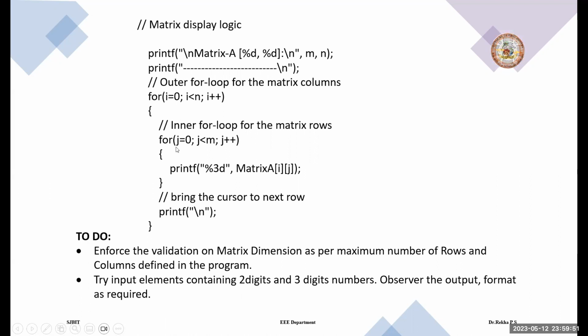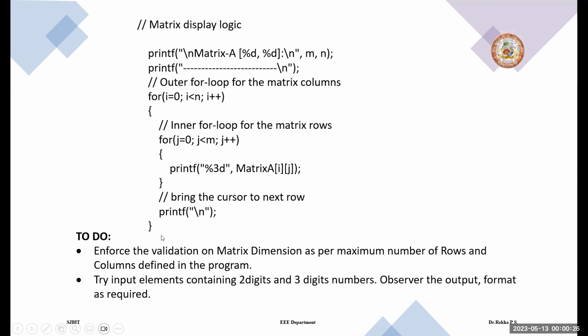Then j is reinitialized to 0. So next it becomes 1, 0, 1, 1, 1, 2, like that. Again j fails, i is incremented, and it continues as long as i is less than n. i should be less than n. So this is exactly how the output of this matrix will be displayed.